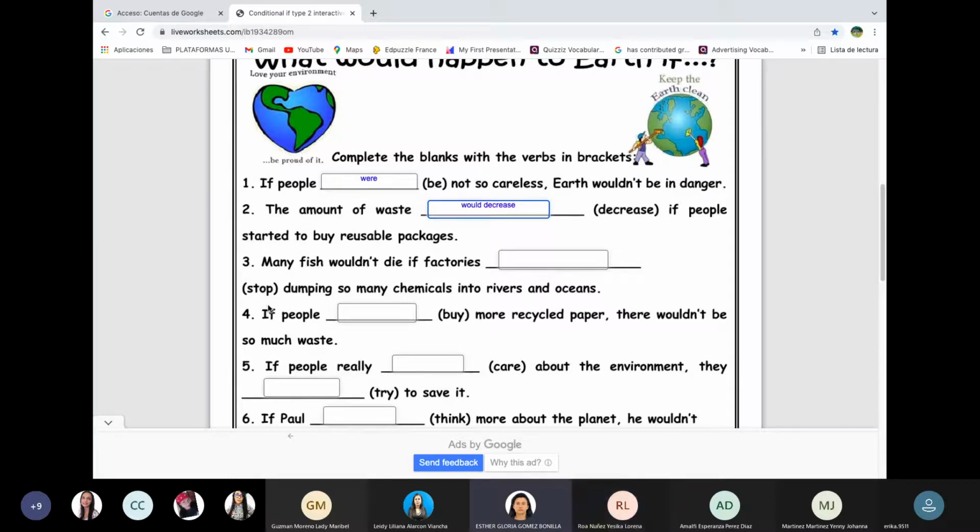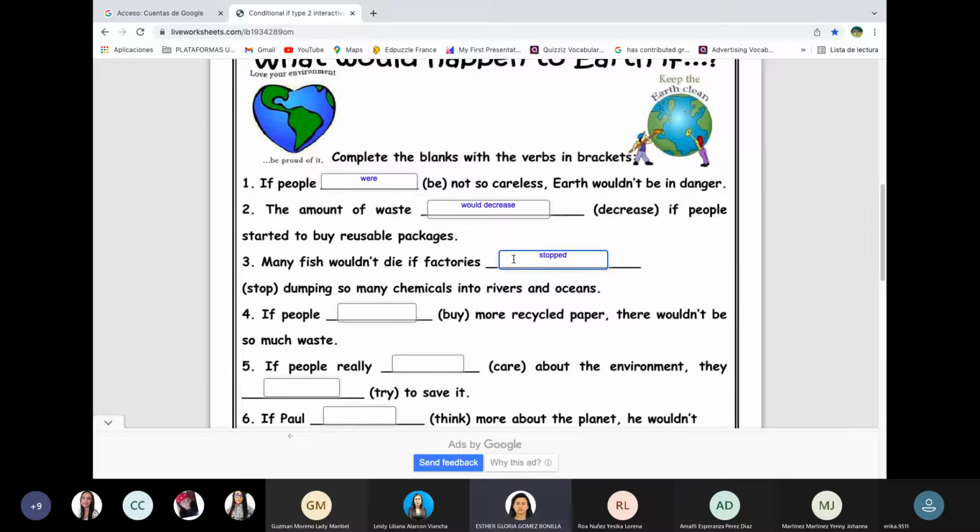Dumping so many chemicals, stopped. Okay, the pronunciation is stopped. Okay? Many fish wouldn't die if factories stop dumping so many chemicals into rivers and oceans. Okay? Who wants to repeat?